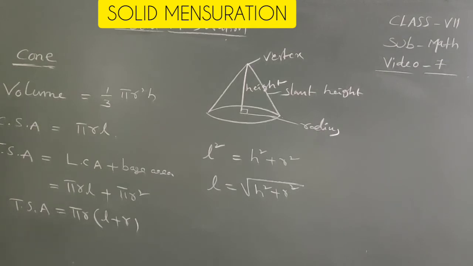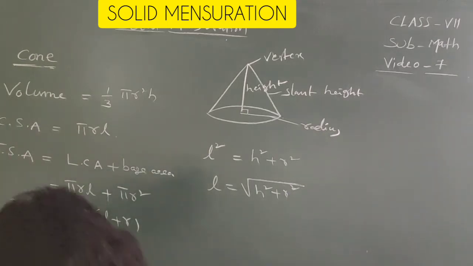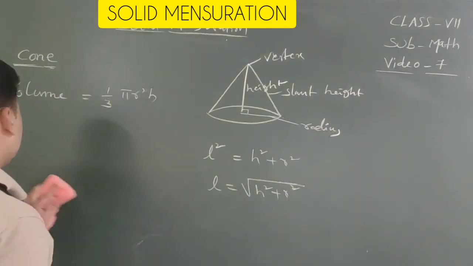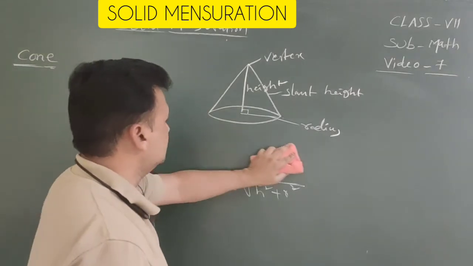Some building structures are also in the shape of a cone, and in general we could find these types of structures in China. Otherwise, pyramids are also in the shape of a cone, because cone is a curved pyramid. Total solids are divided into prism and pyramid, and this is a pyramid shape.